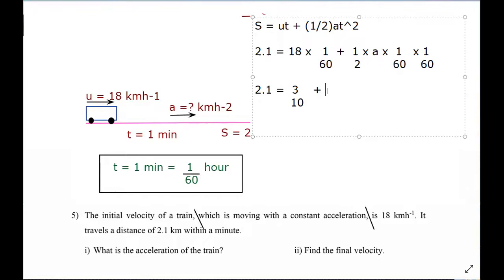Here we have simple A. What are the numbers in the denominator? There are three numbers in the denominator side. What are those three numbers? We have 2, we have 60, and we have another 60. Did I multiply them here?